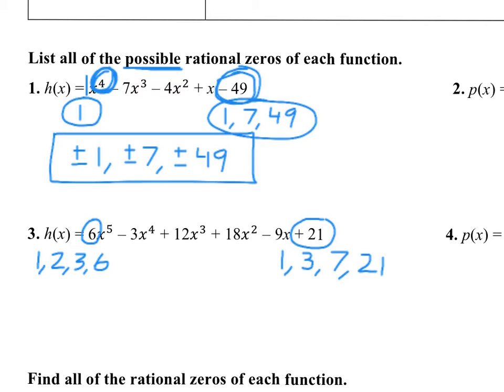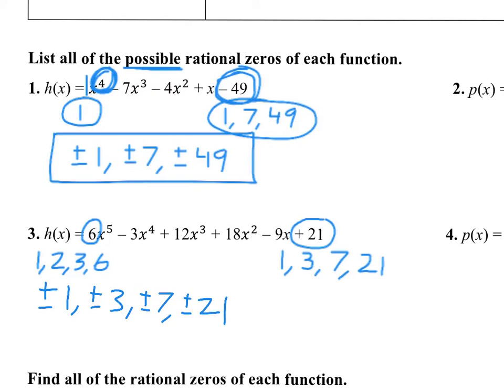So I'm going to take the numbers on the right and divide by the numbers on the left. And also remember to put plus or minus in front of each one. So plus or minus 1, plus or minus 3, plus or minus 7, plus or minus 21.